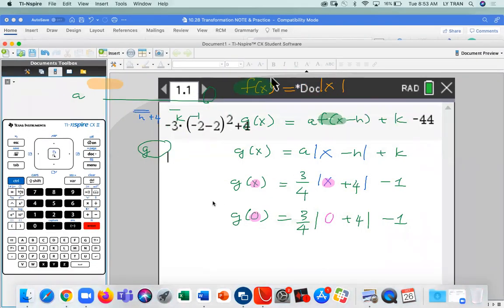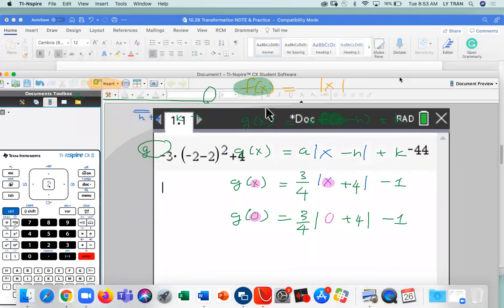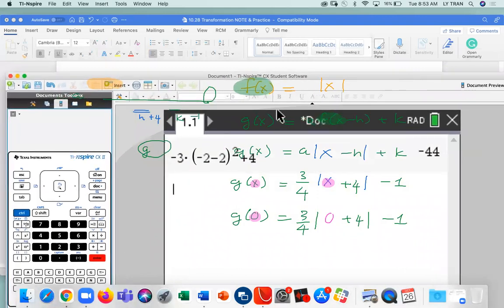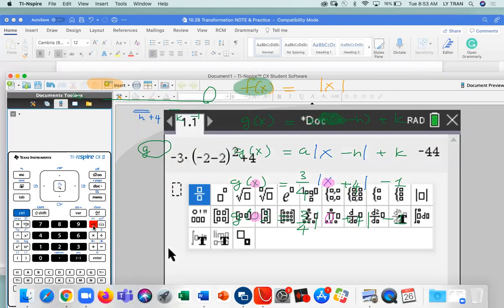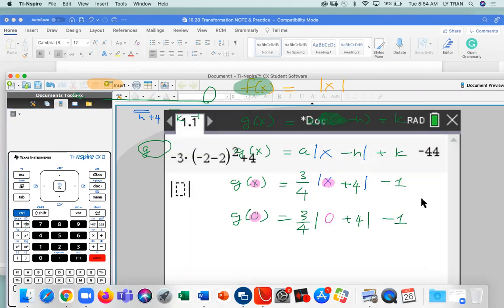Now, for absolute value, it's located in this spot. So let me show you. You have to go to that number 9, next to the little book. You will see the absolute value located right here, and then you press on it. Oh, my bad, I forgot 3/4. So 3 divided by 4. I don't like that. Let me just redo it. Okay, start over.